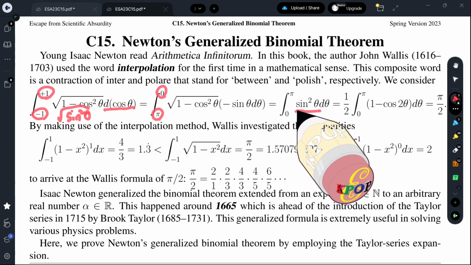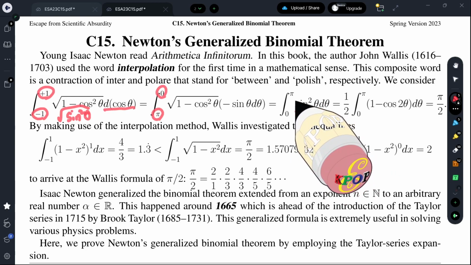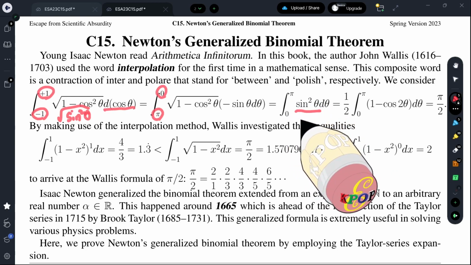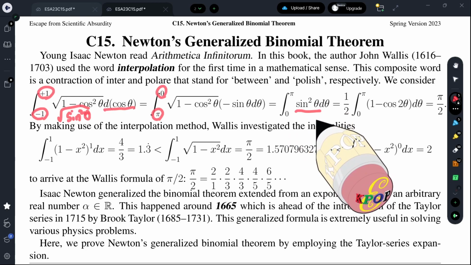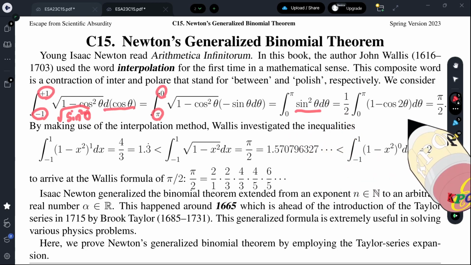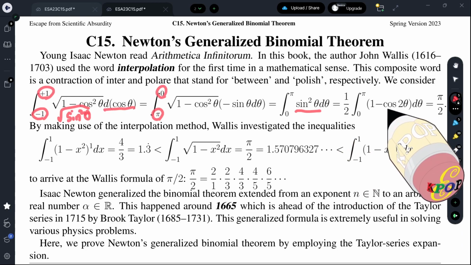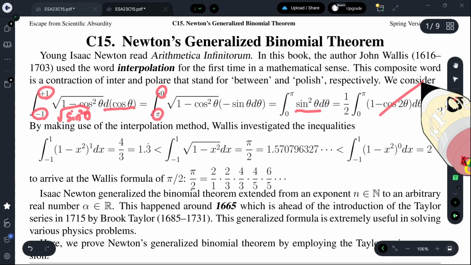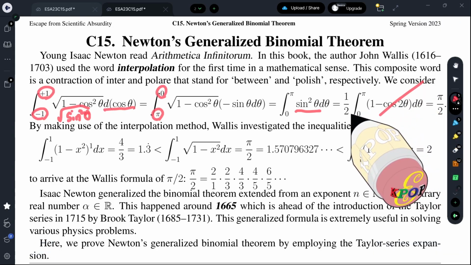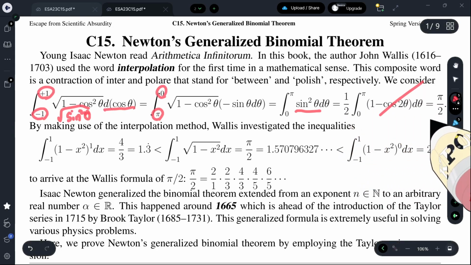Because 0 to pi is a single period of sine squared theta, which is 1/2 times 1 minus cosine 2 theta, with period pi, the cosine integral exactly vanishes, and the final result is half of pi.